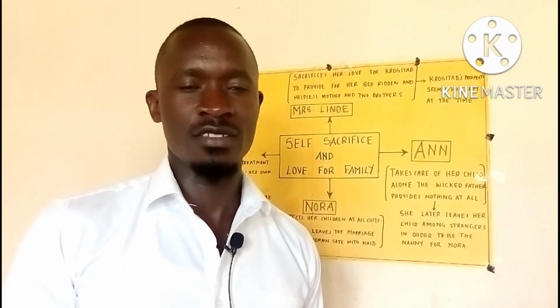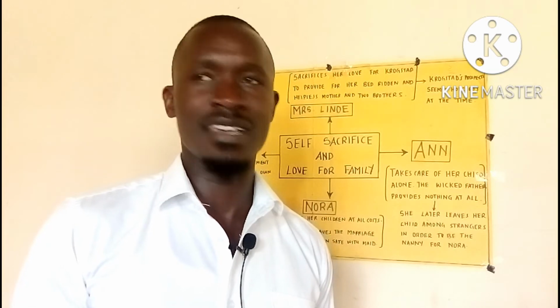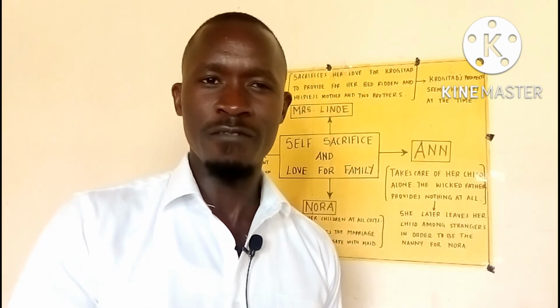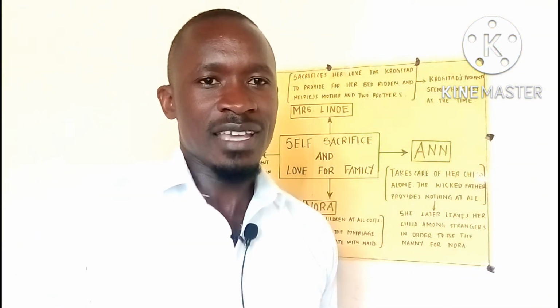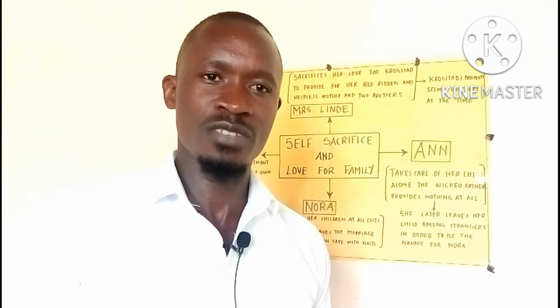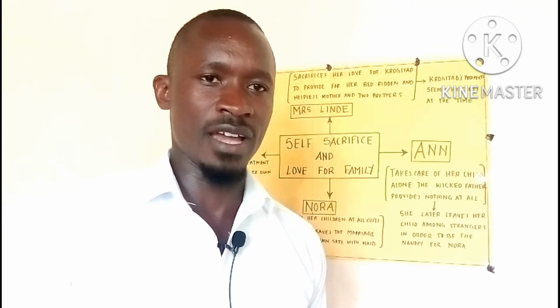She chooses to take care of her husband, and the father later dies, and she says this becomes the saddest time of her life because she was very fond of her father. She sacrifices the fondness to ensure that her husband is healed, and later on he can provide for the family.